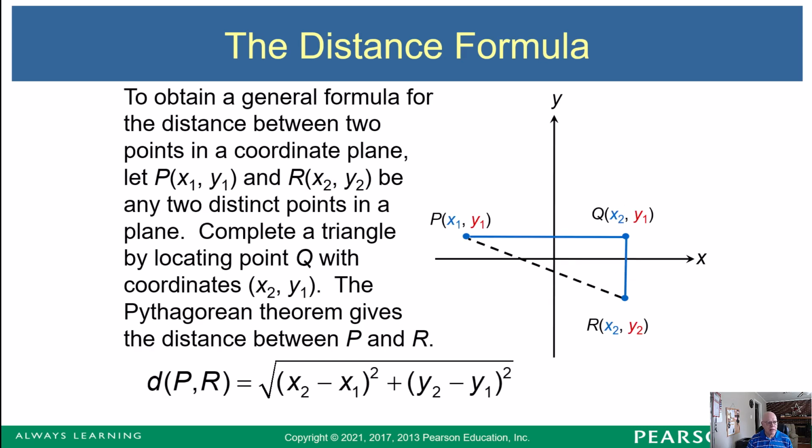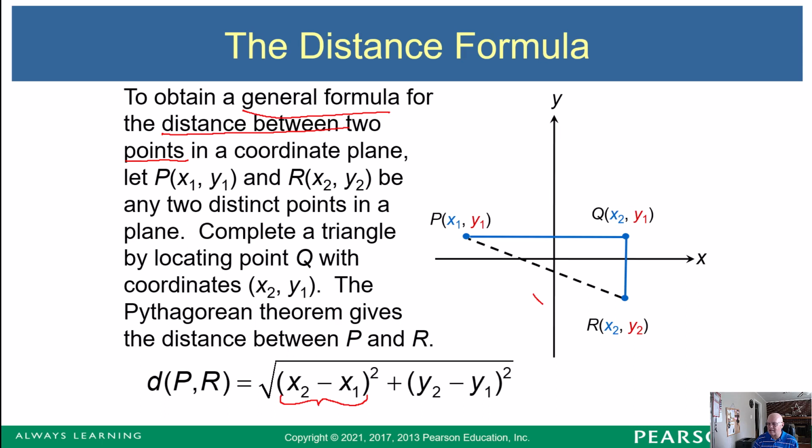Here is the formula for that, the general formula for the distance between 2 points. Now, a couple of things to notice. First of all, in this set of parentheses, you're subtracting x coordinates. Don't mix up the x's and the y's.